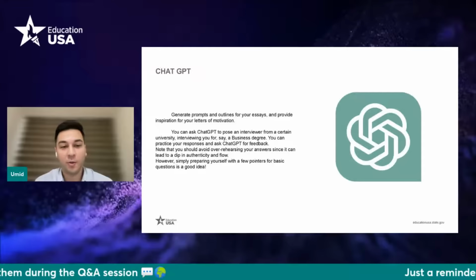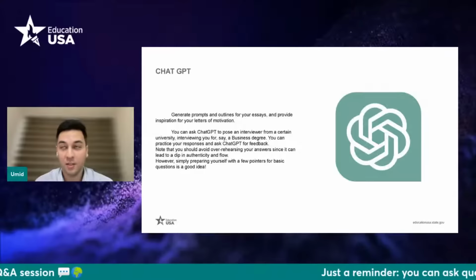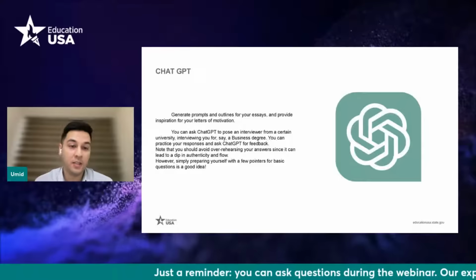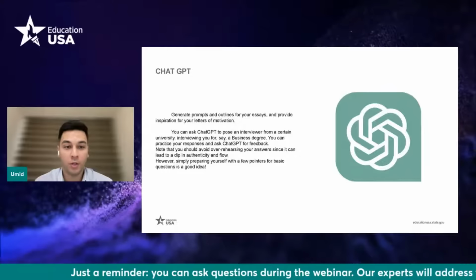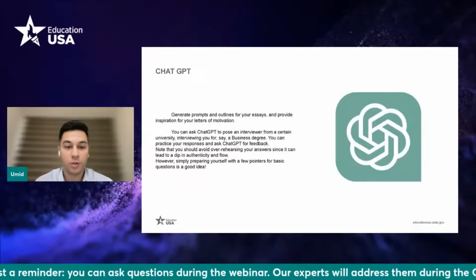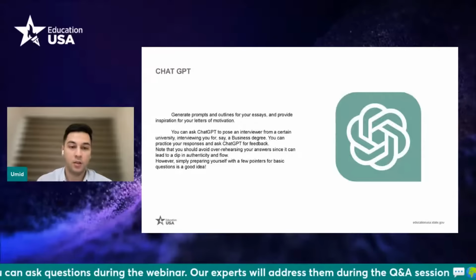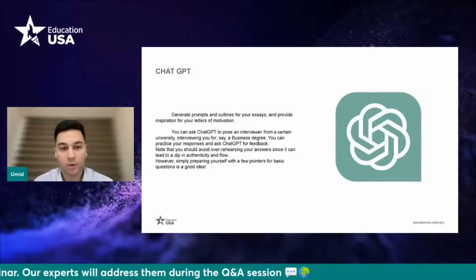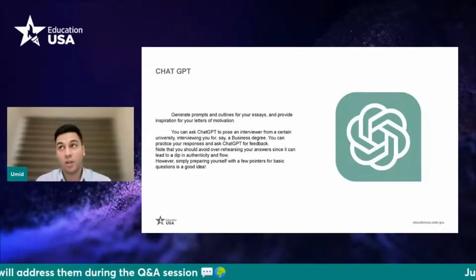Of course, all of you are using ChatGPT, or maybe most of you. For those of you who don't know, it is a tool that helps you generate prompts and outlines for your essays and provides inspiration for your letters of motivation.